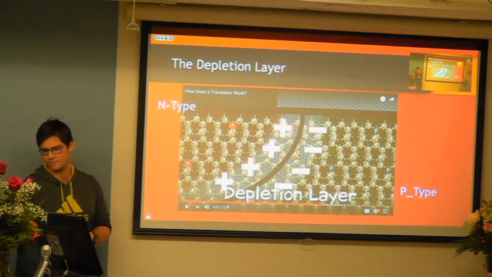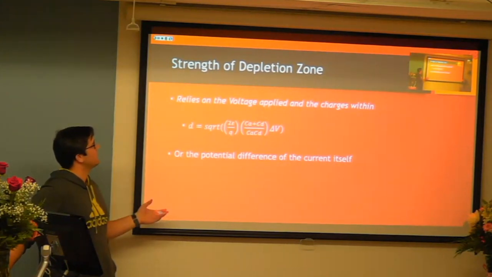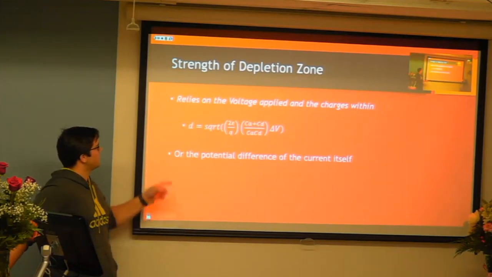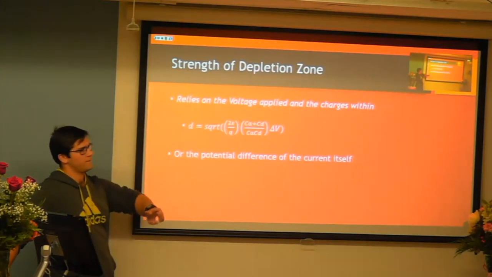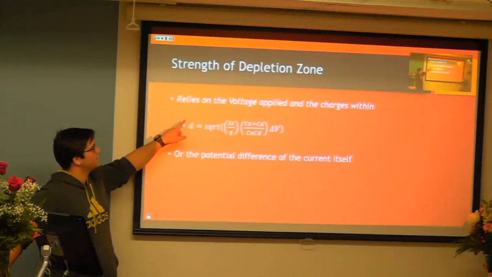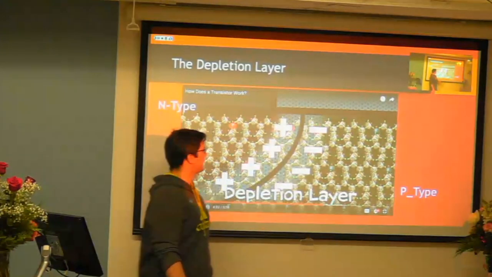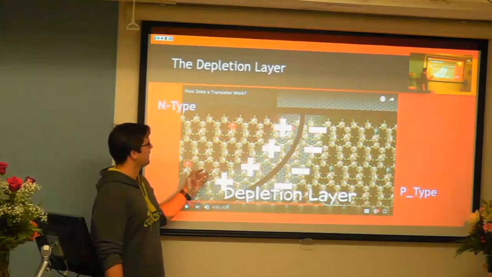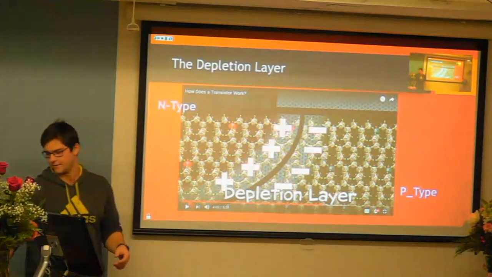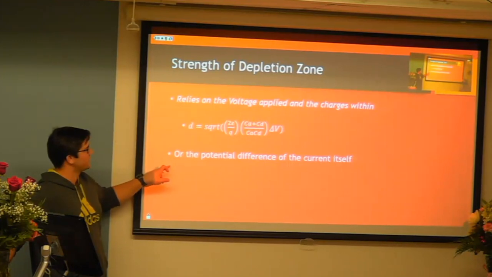The next slide is talking about the strength of the depletion zone on the interface. It relies on two different things. It relies on the voltage applied to the outside of the transistor, which decreases the size of this depletion zone by this equation, or the potential difference of the current itself.